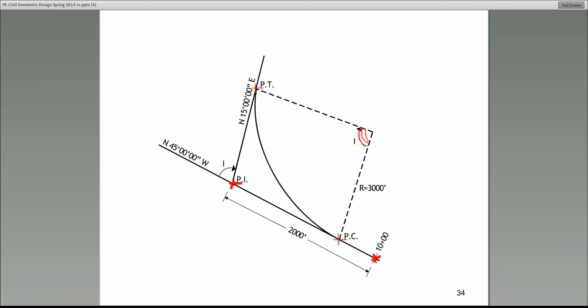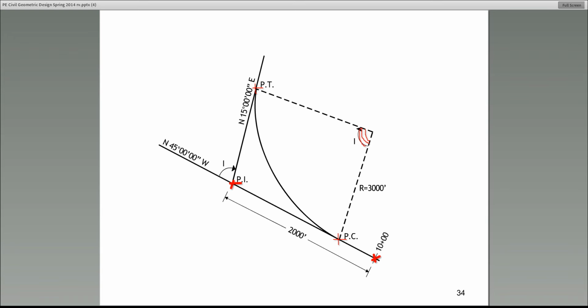However, I'm going to tell you another, I was going to say secret, but it's really not a secret, another point of information. And that point of information is the following. Write it down because this could be very valuable to you on the test. The central angle, as we just defined it, is equal to the intersection angle.